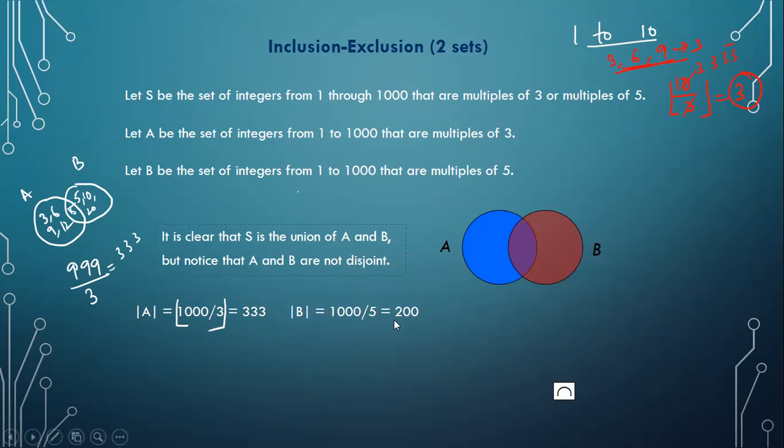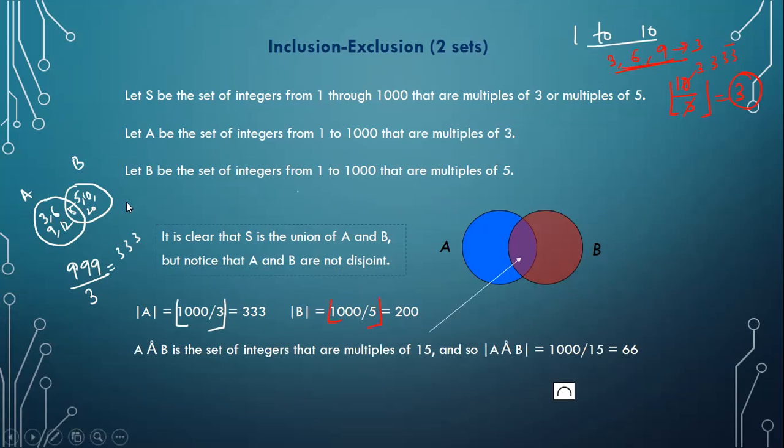The next will be for multiples of 5. Similarly, you divide 1000 by 5 and take the floor value, which gives you 200. Now, what about multiples of both 3 and 5? What about the intersection part? This symbol denotes intersection. A intersection B is the set of integers that are multiples of 15, because 15 is a multiple of both 3 and 5.